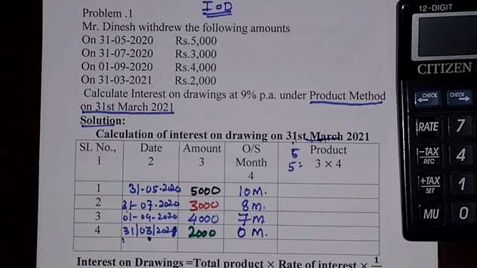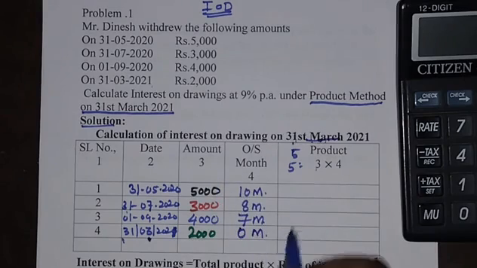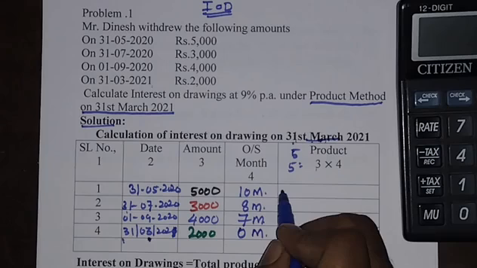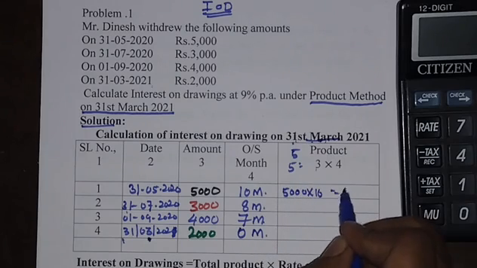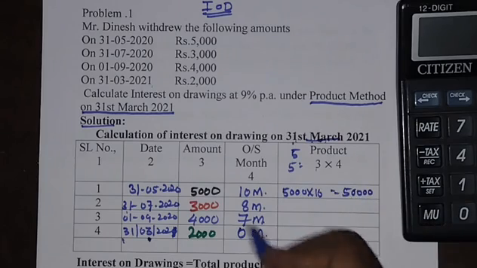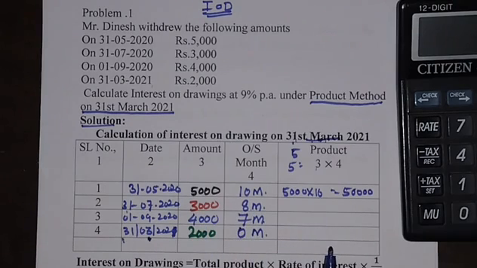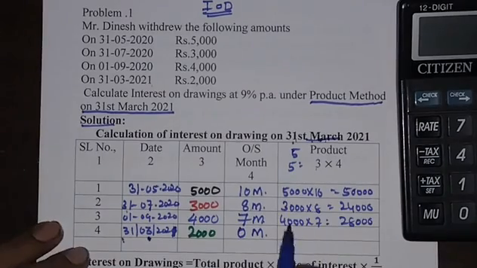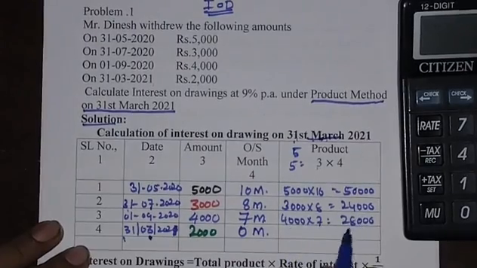Now we need to find the product. What is this product? Third column into fourth column. The amount is 5,000 into 10 is equals 50,000. In the same manner, I have to do it for 3,000 into 8, 4,000 into 7 and 2,000 into 0. 3,000 into 8, 24,000. 4,000 into 7, 28,000.